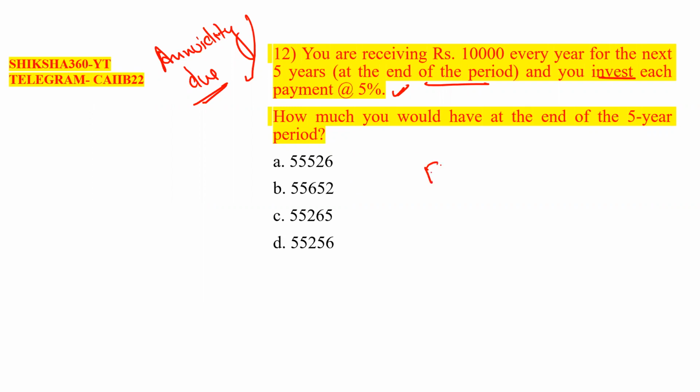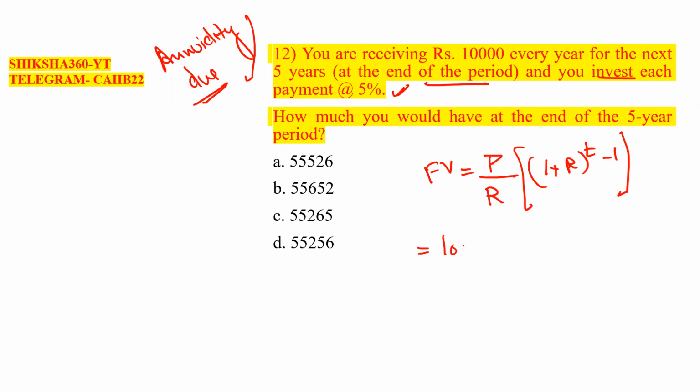So what is the future value? Future value is equal to P upon R into (1 plus R) power T minus 1. So this is the formula. We are getting 10,000 at the starting.